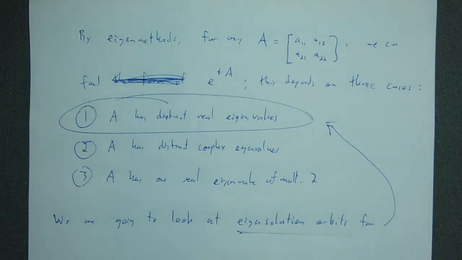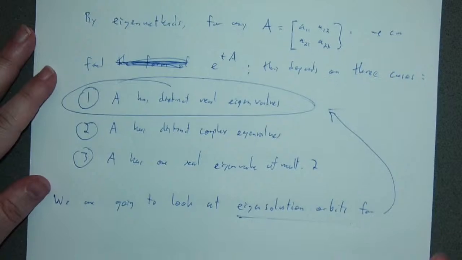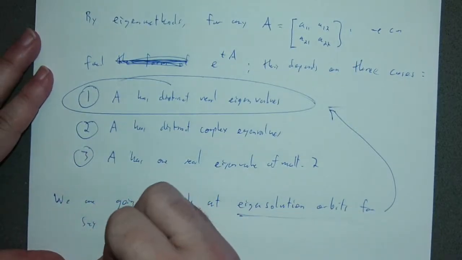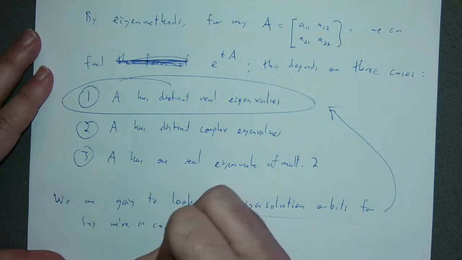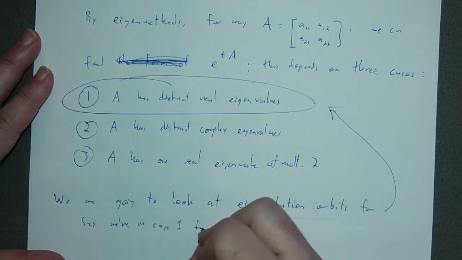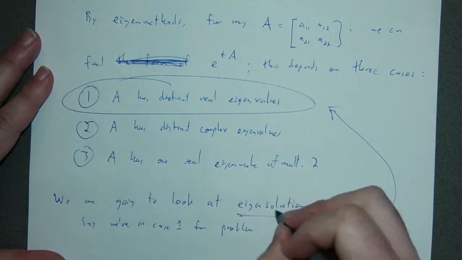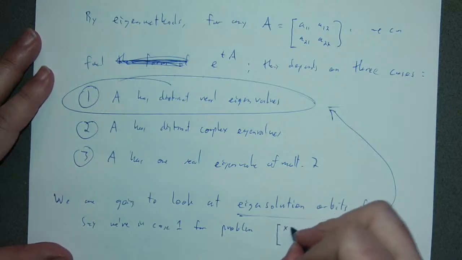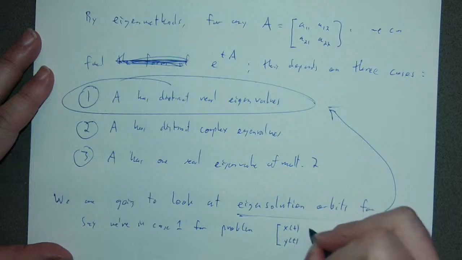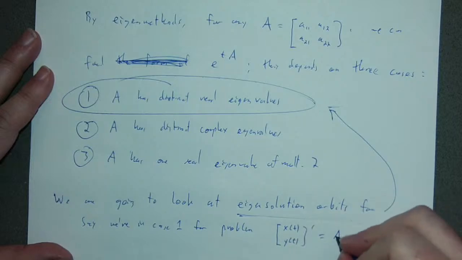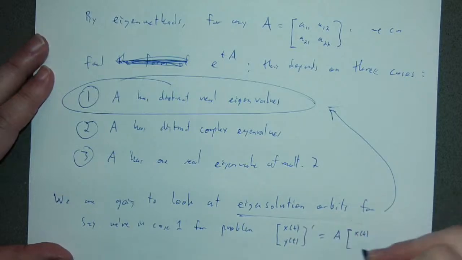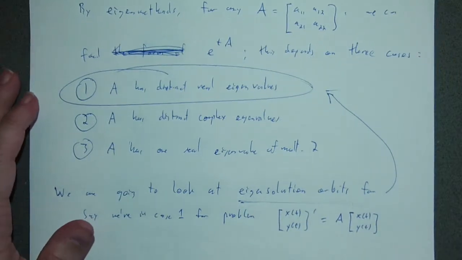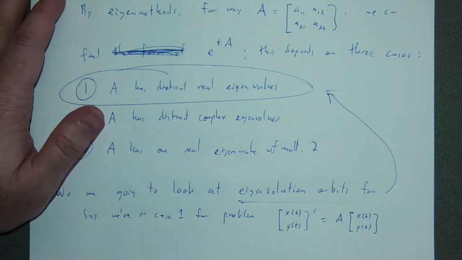All right. So, what do we do? Let's say we're in case one for the problem. We'll write it as x of t, y of t prime is equal to A times x of t, y of t, for some given initial conditions I'm not going to write out.